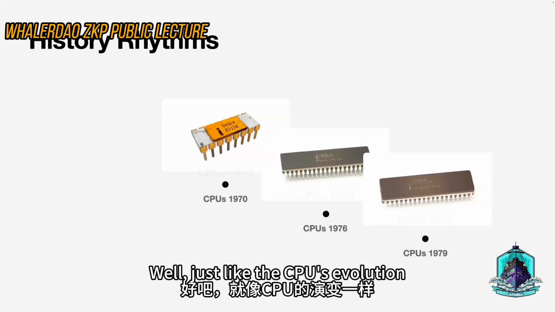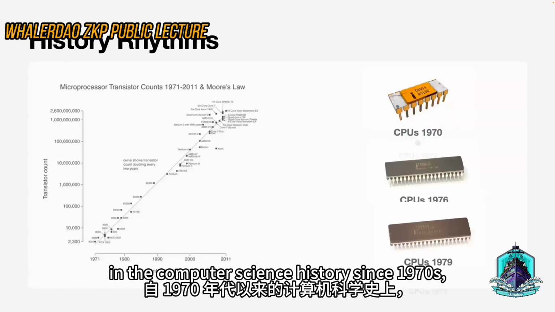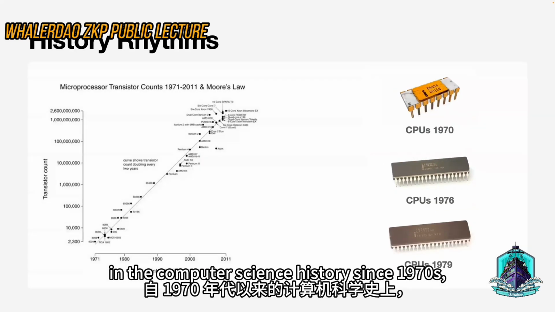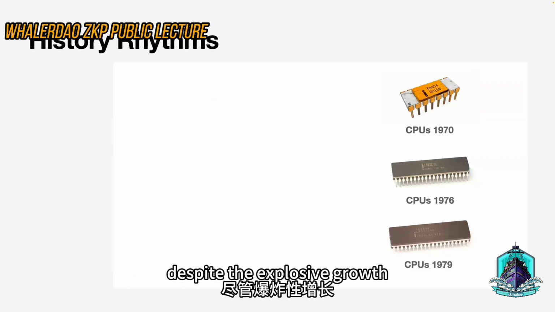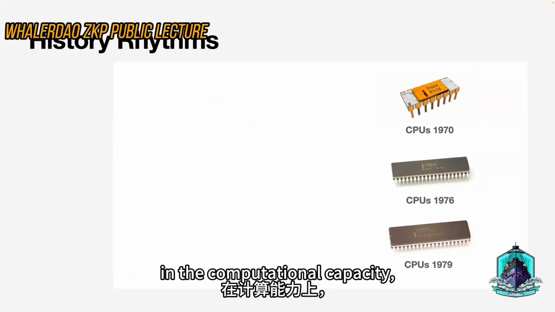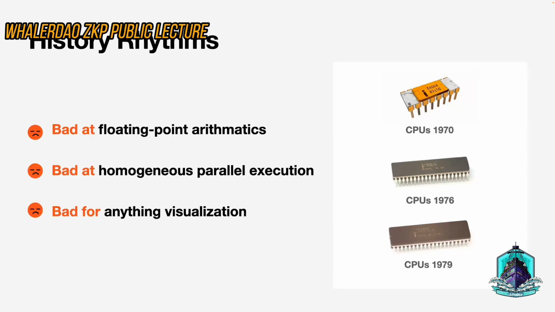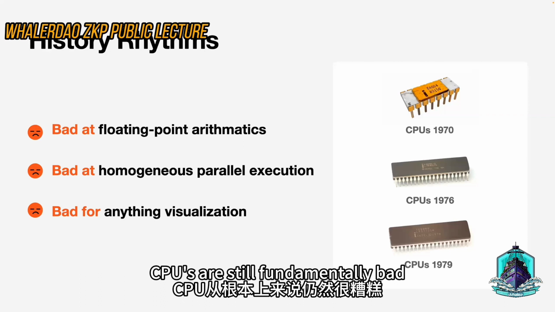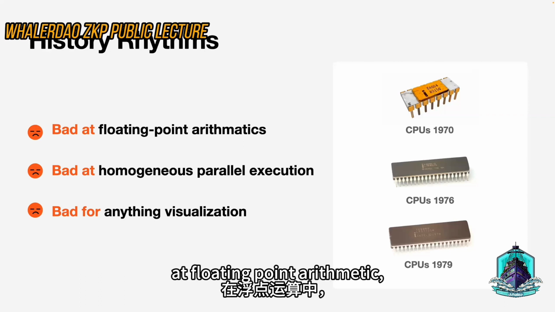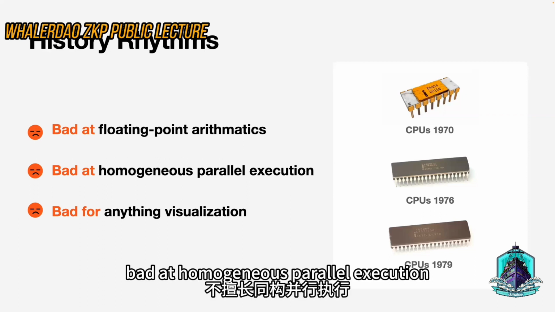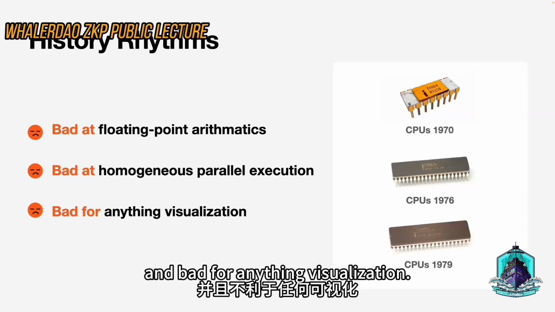Well, just like the CPU's evolution in computer science history since the 1970s, despite the explosive growth in computational capacity, CPUs are still fundamentally bad at floating point arithmetic, bad at homogeneous parallel execution, and bad for anything visualization.